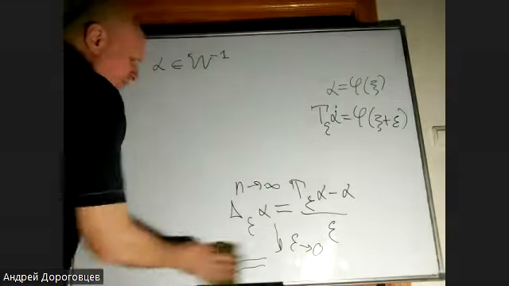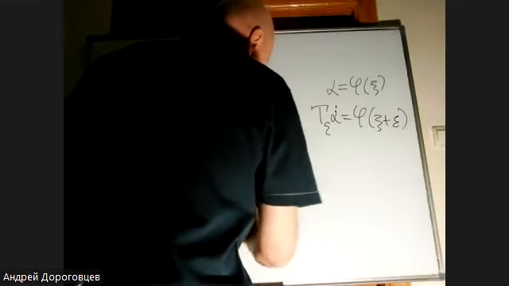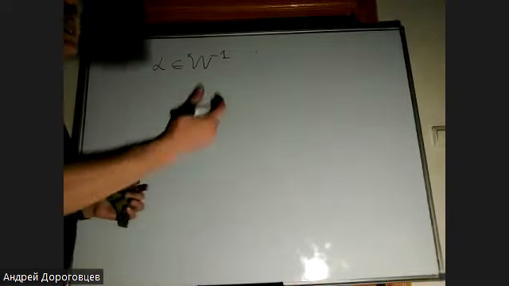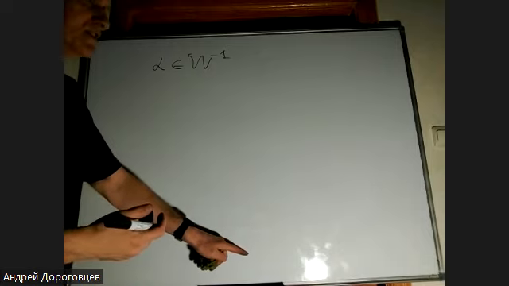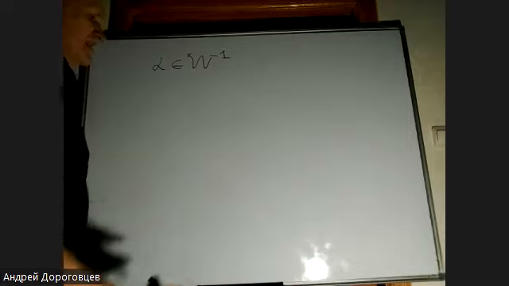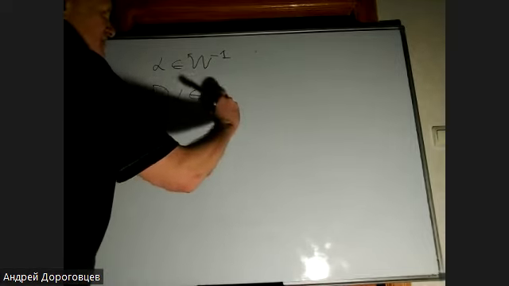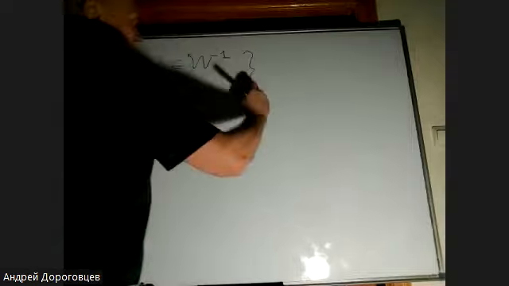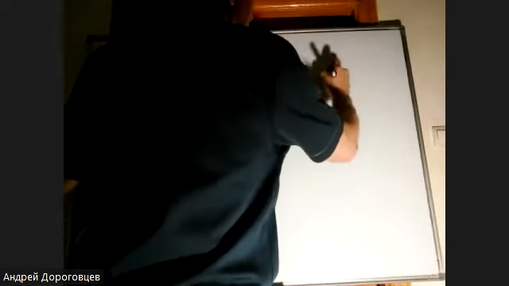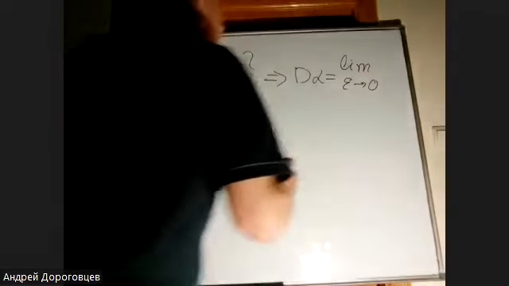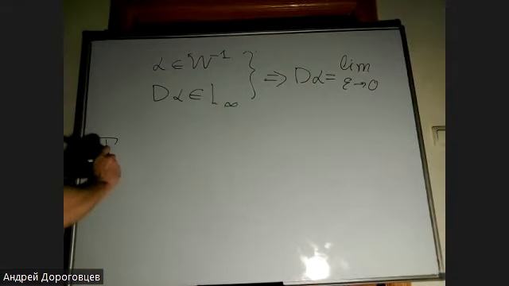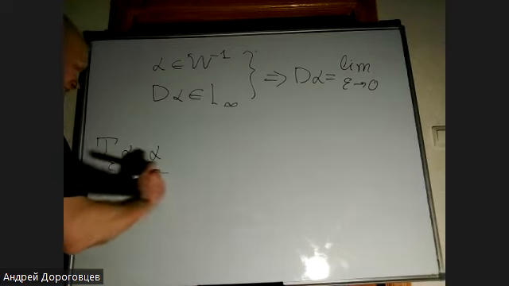From this point of view, finally, we understand that the following relation holds. If we have a random variable alpha in W1, such that, and this is a technical moment which will be used in the proof, d alpha belongs to L infinity, then d alpha is the limit, as epsilon tends to 0, of (T epsilon alpha minus alpha) divided by epsilon.